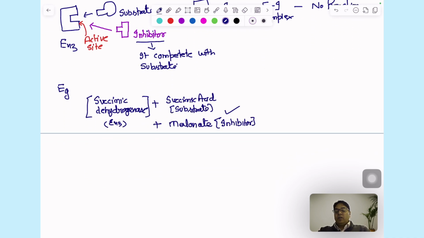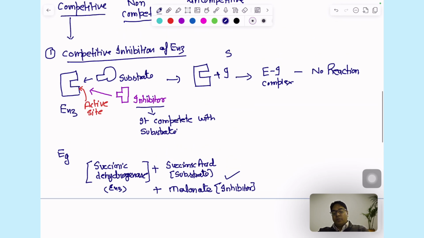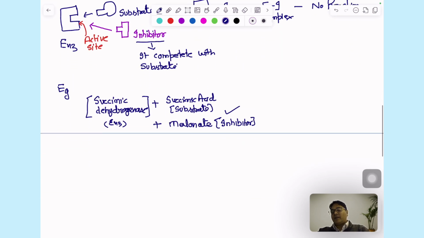Now, if we look at the characteristics of competitive inhibition, there are two important characteristics. I am writing it in short form.